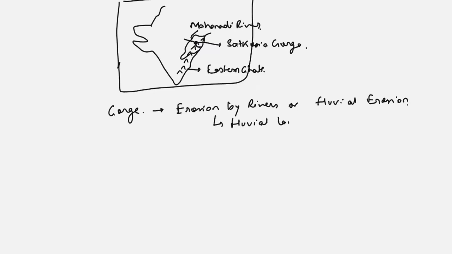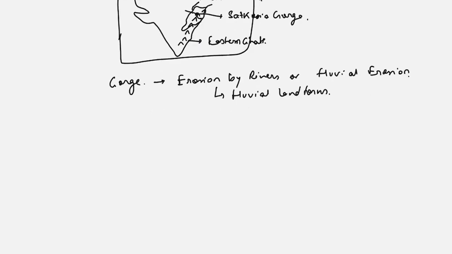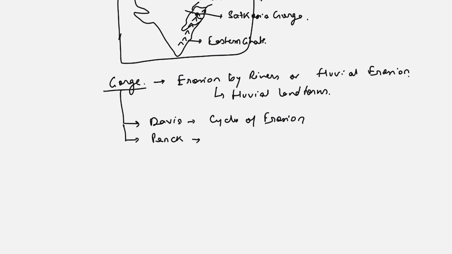The formation process of the gorge has been explained by Davis under the cycle of erosion. It has also been explained by Penck, under the cycle of erosion of Penck. King has also explained the formation of gorges in various regions, in the savanna cycle.